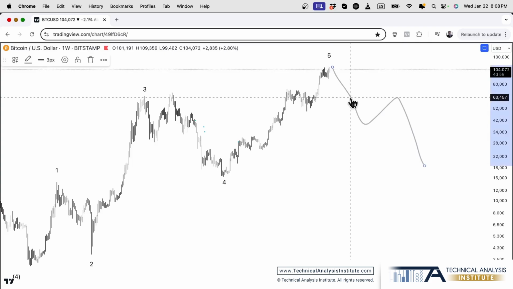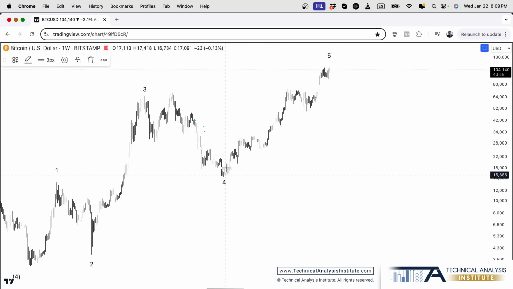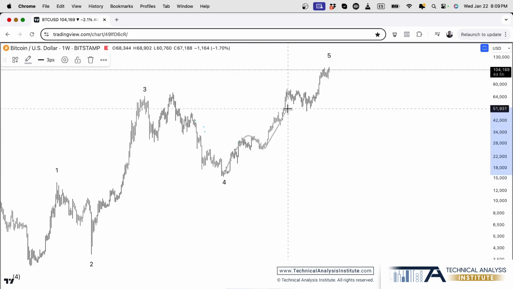Well, should we buy Bitcoins due to the phenomenal excitement that the economy is living at the moment? I think the wave principle gives you the answer. And notice something even more interesting. There are 5 waves to the upside already on the weekly chart. And notice that the 5th wave already shows 5 waves as well. If we count from here, we would see 1, 2, 3, 4, and 5.